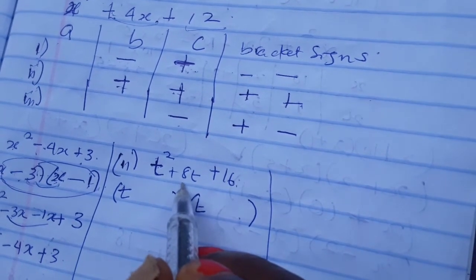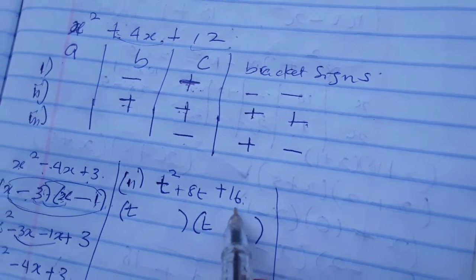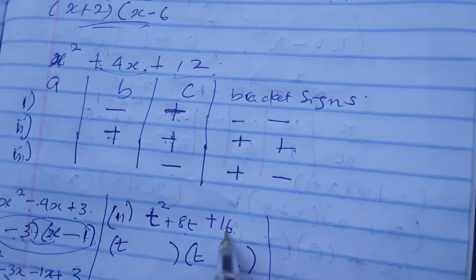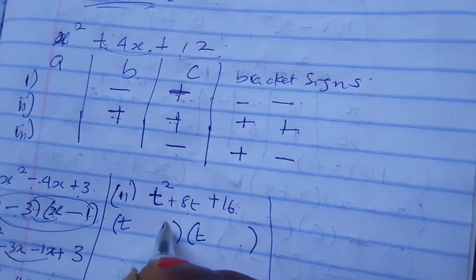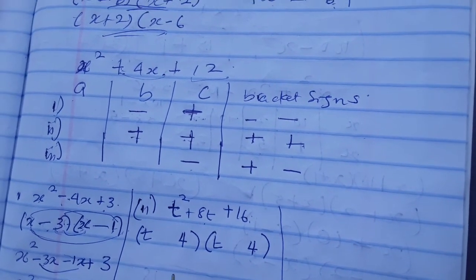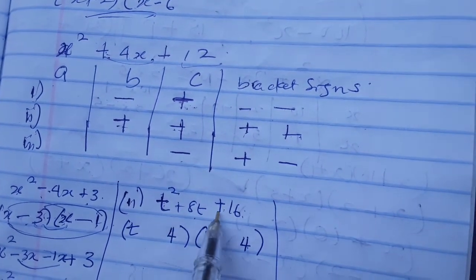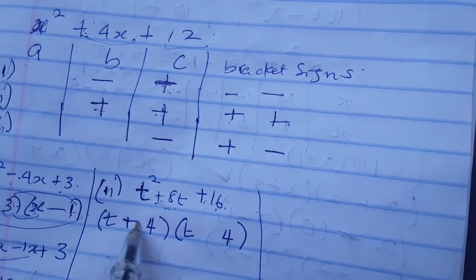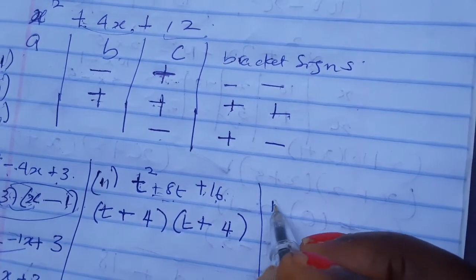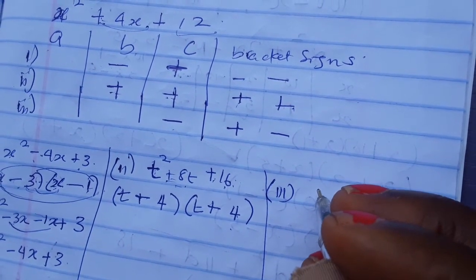But we're trying to arrive at 8. So 16 and 1 cannot give us 8, and 2 and 8 cannot give us 8. The likely thing that can give us 8 is 4 and 4. No need to think far. The normal signs for this type of quadratic expression are two positives. Just put in the sign and you can move on to the next question. This is particularly helpful when you are taking a speed test.